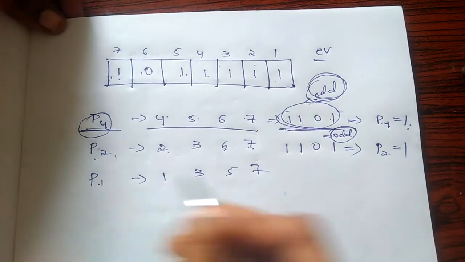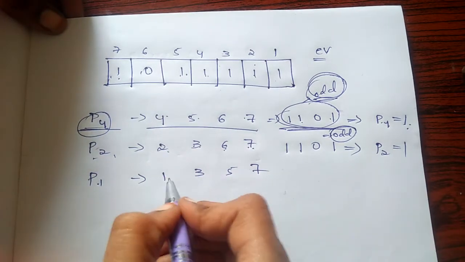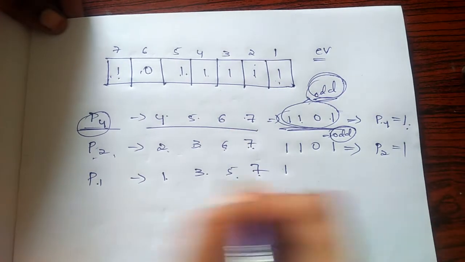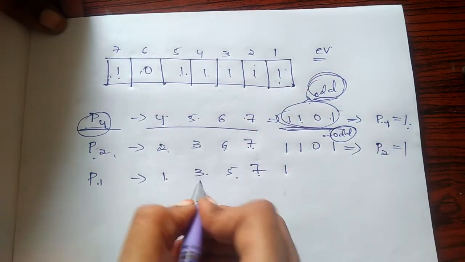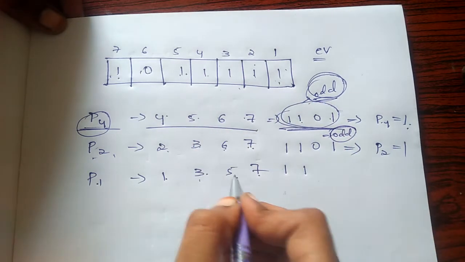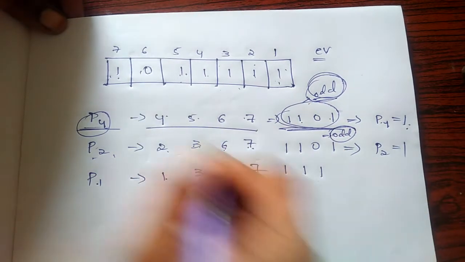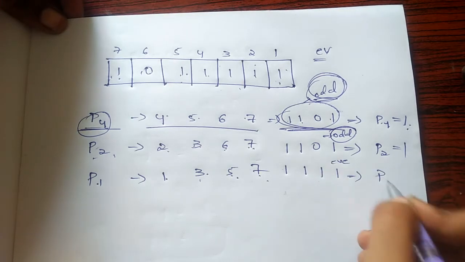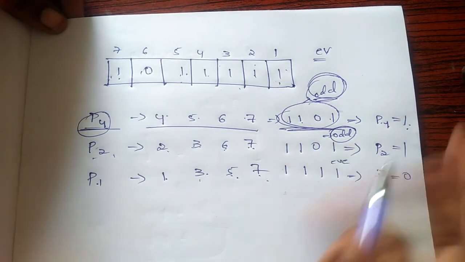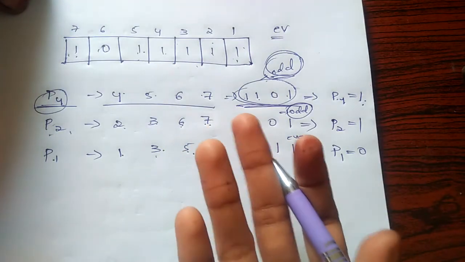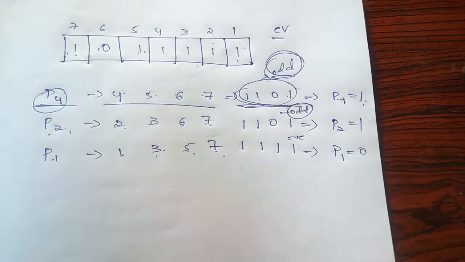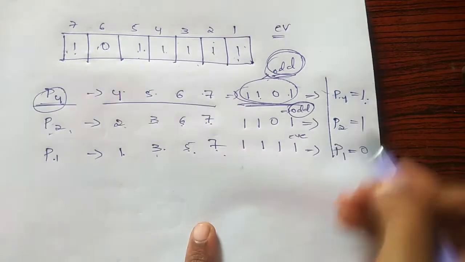And then next P1: 1, 3, 5, 7. So with 1, 1, 3, 1, 5, 1, 7, 1, these are even, so you need to put P1 as 0. So satisfied. But at what position the mistake occurred, and how to find it?